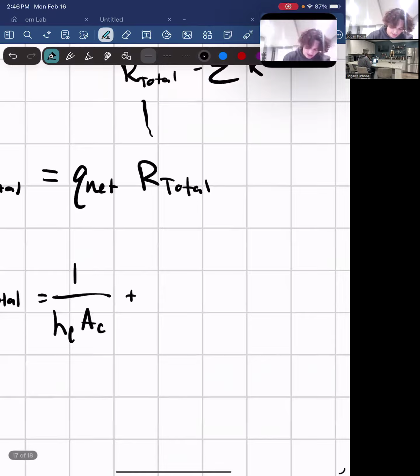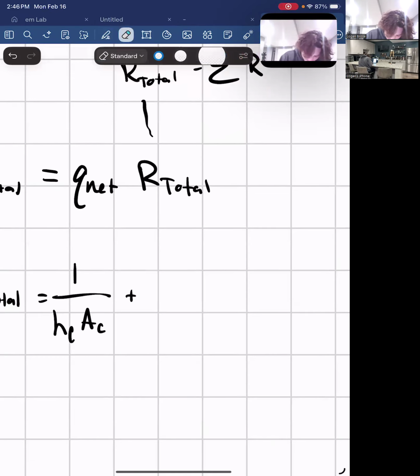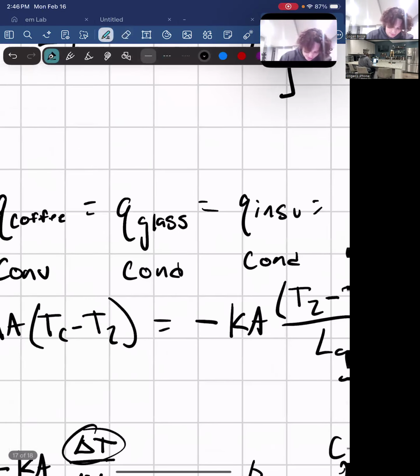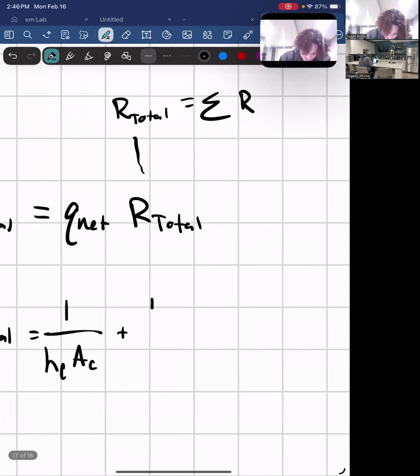So it's our R of the coffee, right? So hC times our area of our coffee plus R, what was next? Right, our glass, so it's L glass over minus K glass times our A glass, right?